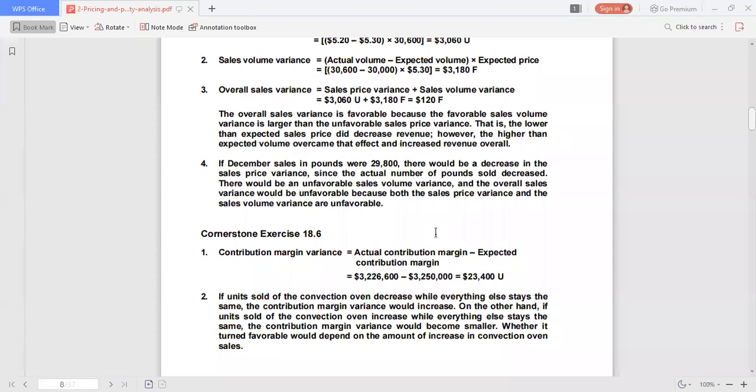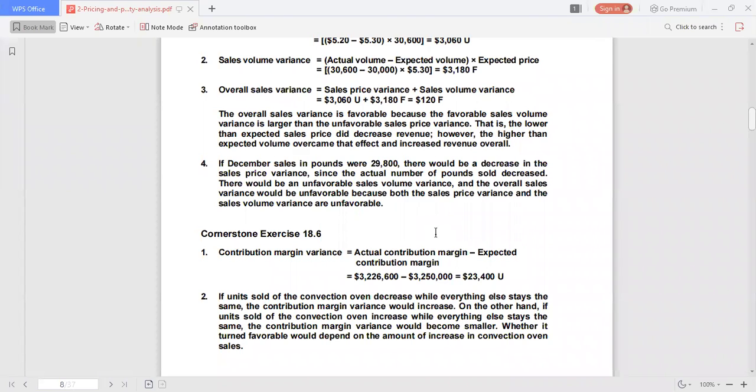On the other hand, if units sold of the convection oven increase while everything else stays the same, the contribution margin variance would become smaller. Whether it turned favorable would depend on the amount of increase in convection oven. That's an answer to number 2.